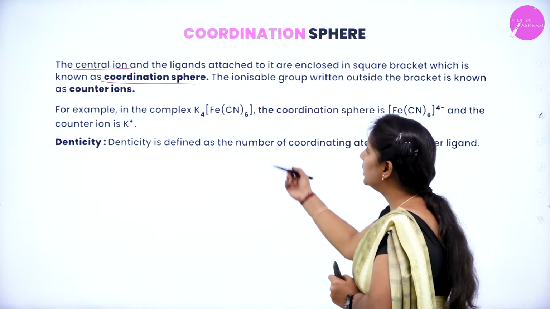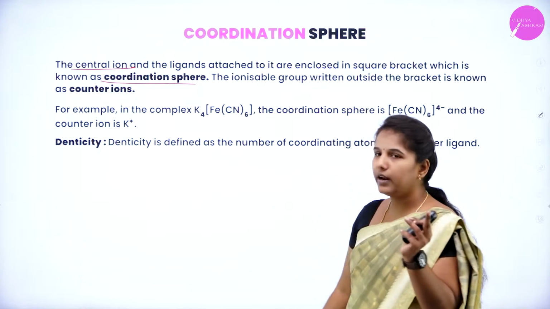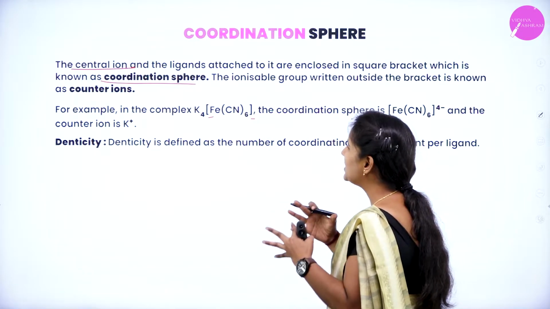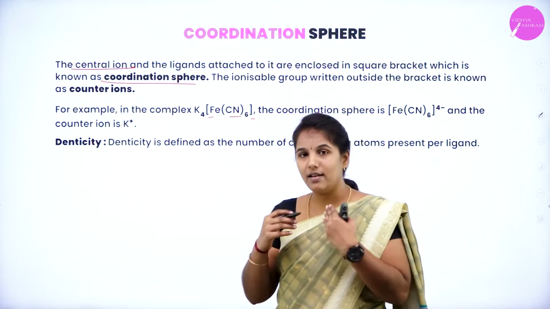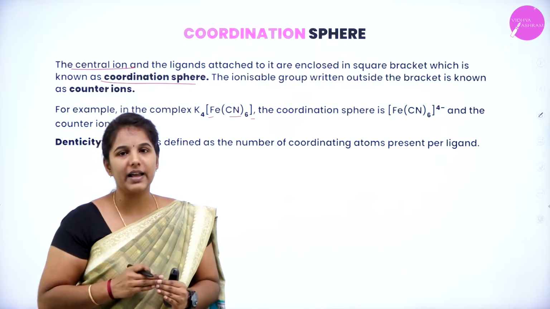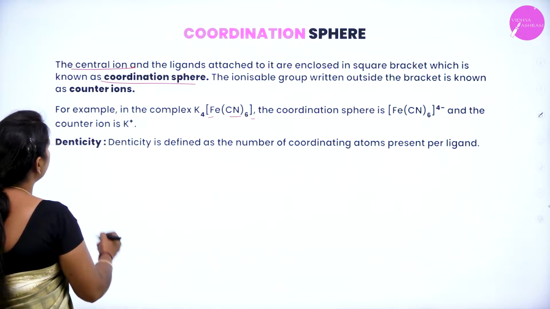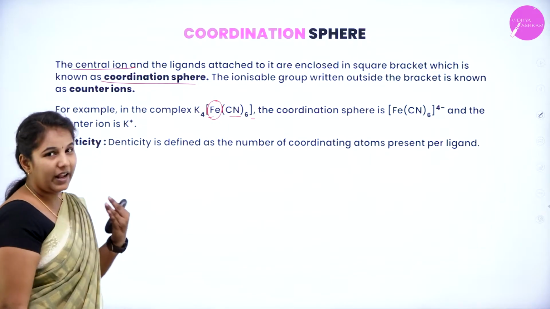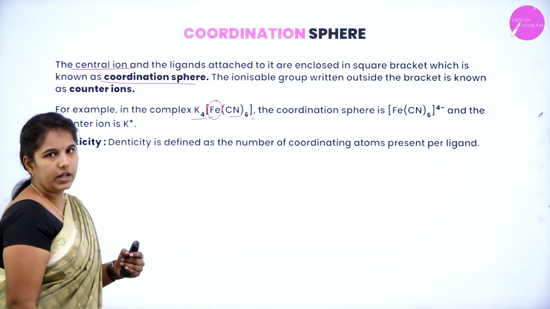For example, the complex is potassium hexacyanoferrate(II), K4[Fe(CN)6]. In this you can see the coordination sphere, which encloses the central ion along with the ligands. CN is my ligand, Fe is the central atom, and K4 is the counter ion, the potassium ion.